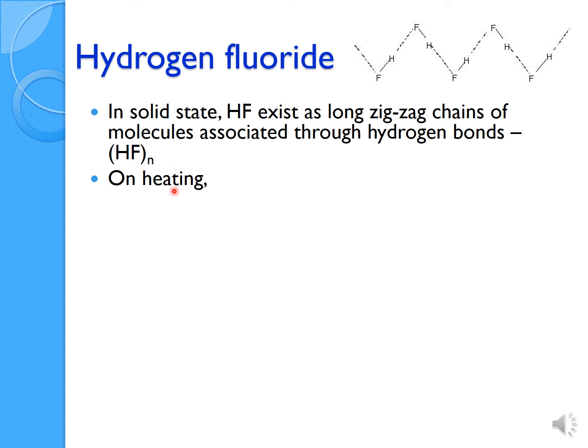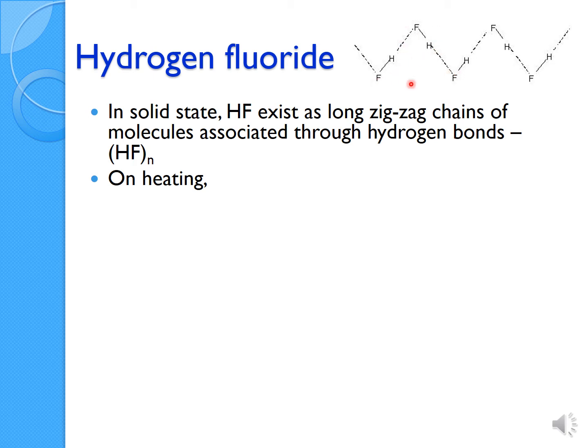Now on heating, we know a solid will be converted to a liquid at its melting point. What happens here is that the hydrogen bond between this H and F, since it is a weak bond, only an electrostatic force as we have already seen, will be broken. This electrostatic force of attraction between hydrogen and fluorine will be broken, so it will split into a number of HF molecules.